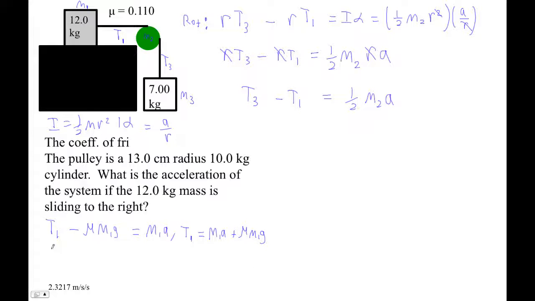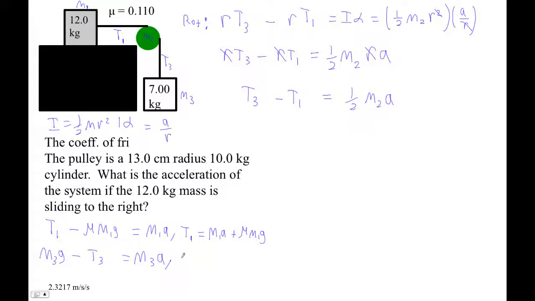Okay. And then if we solve for this guy here, remember it's accelerating down, so I'm going to make the force of gravity positive. So M3 G minus T3 is M3 A, right? So force down is M3 G, and then the force up is T3, and then that's M3 A, right?